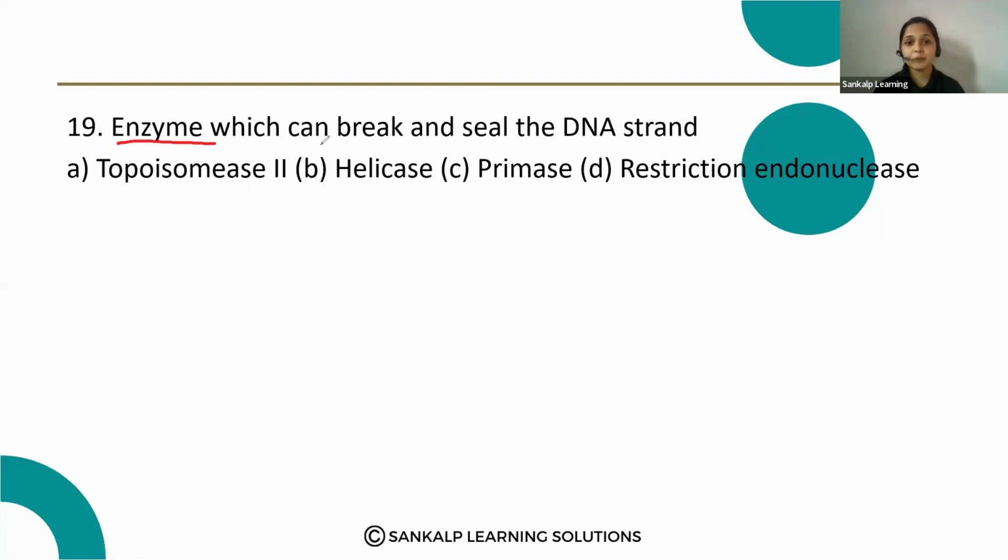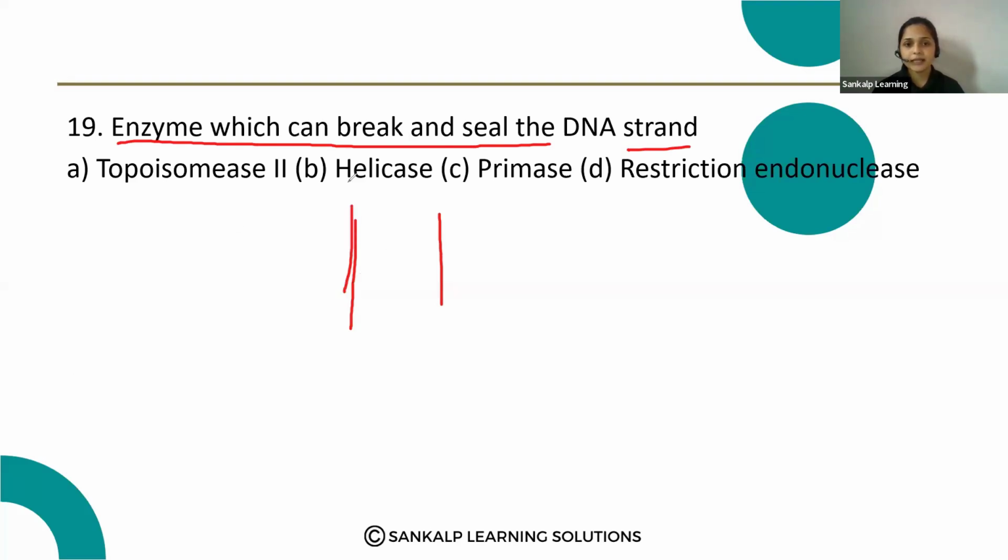The enzyme which can break and seal the DNA strand. Here, which breaks and seals the DNA strand is the correct answer for this question. The DNA strand is separated by the enzyme helicase.